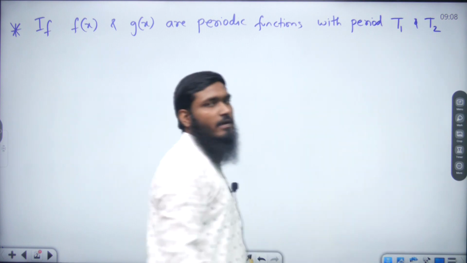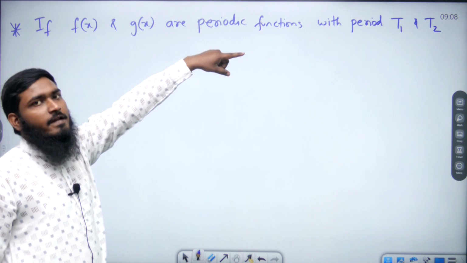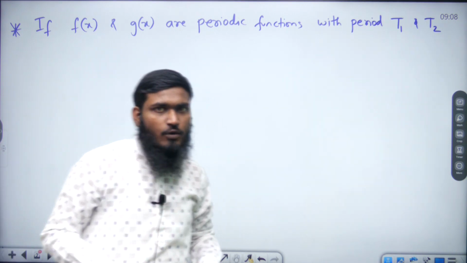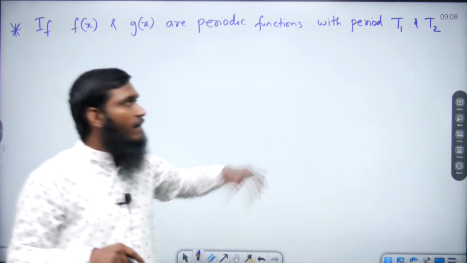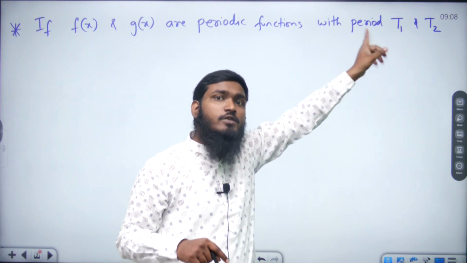For function f of x we have taken period T1, and for function g of x we have taken period T2. Now we are having different periods. If we got the same period, what did we take? Only T. In the previous case we took period equal to T.